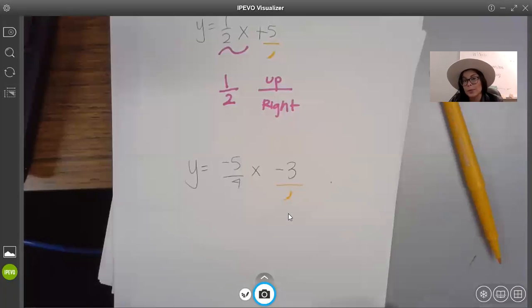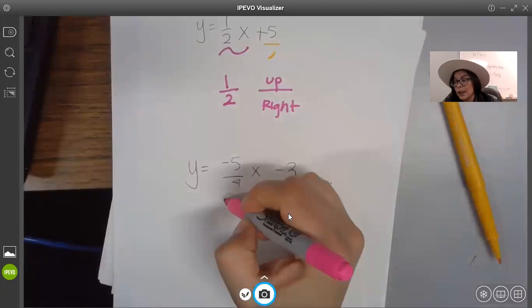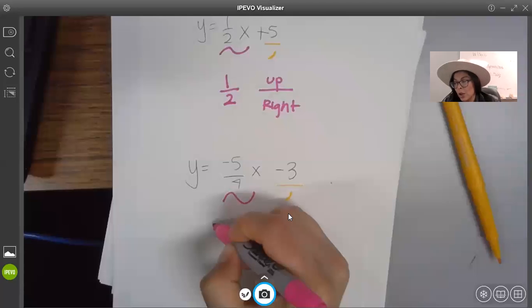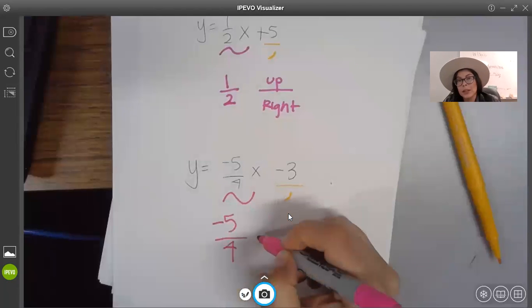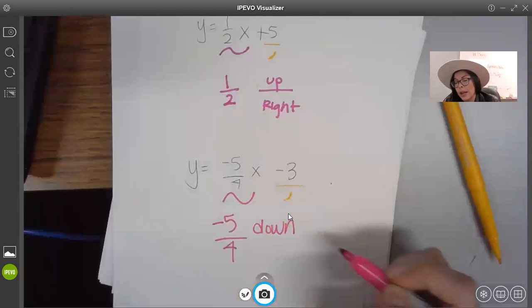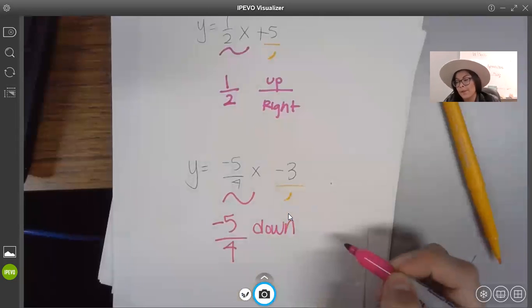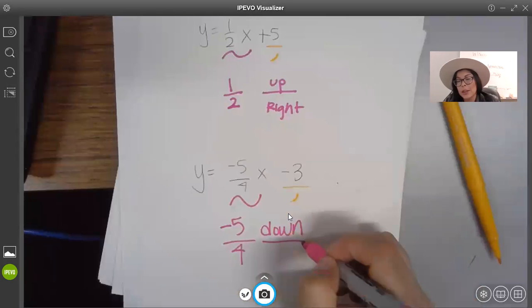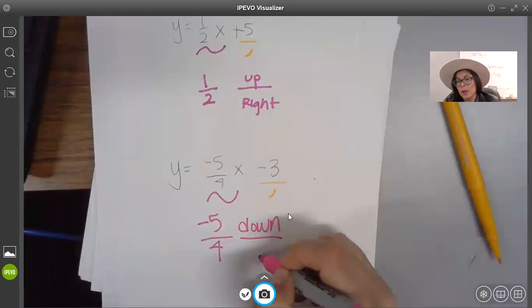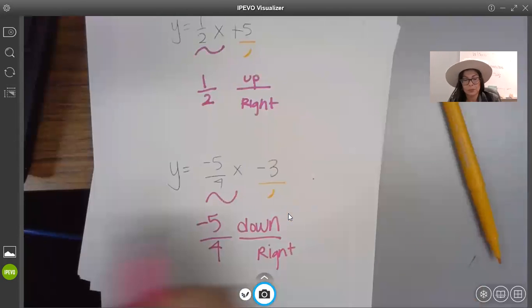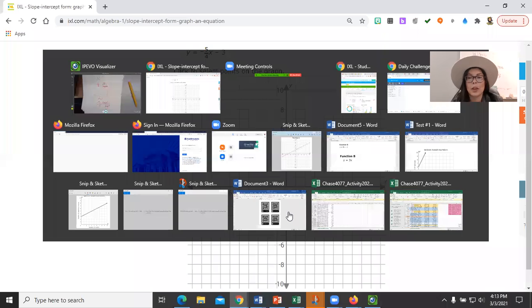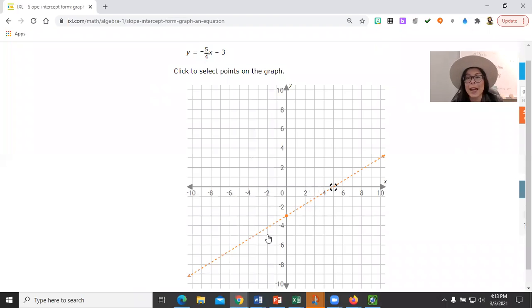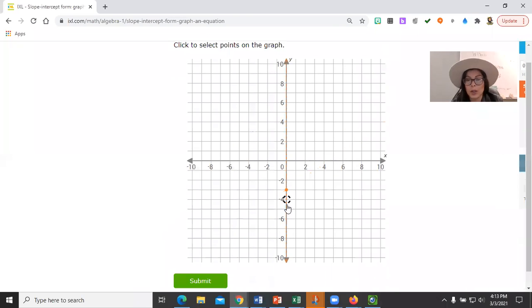What is my slope? Negative 5 over 4. Do I go up or down? Down because it's negative. How many down? 5 because that's the top number. And then this one tells you to go to the right. So do I go to the 5? No, I have to count 5 down, because it's negative. That's 1, 2, 3, 4, 5, 6. Oops, I need 5 over 4.